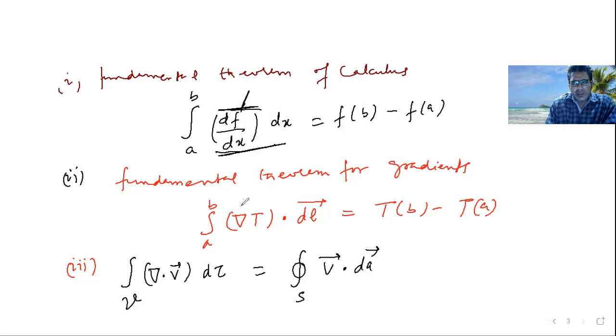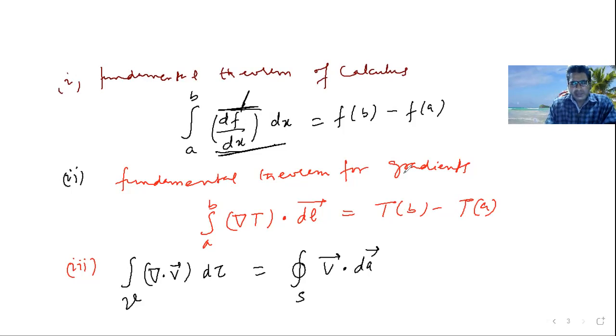It is also saying integral of some derivative over some path, starting from point A to point B, gives the difference of the values of the function at the endpoints. So there is some region, there is a derivative in the region, and there are values of the function at the boundary. The right hand side involves the values of the function at the boundary. The left hand side involves the integral of the derivative of the function within the region.